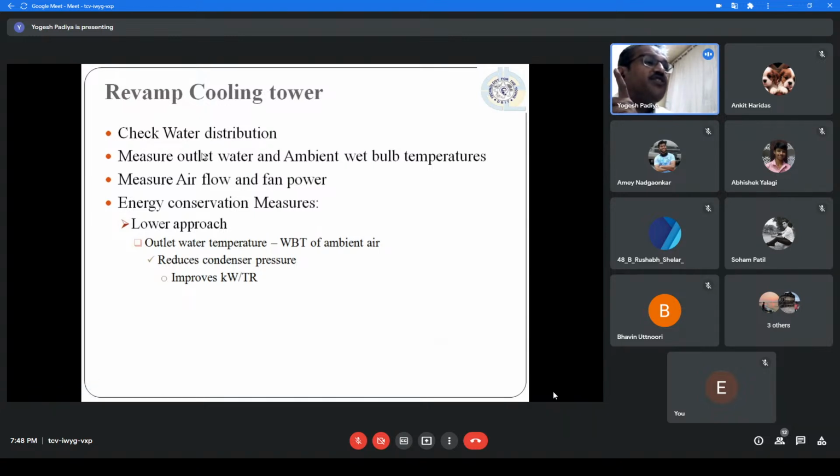So if you change or revamp the cooling tower and bring down the outlet temperature close to the WBT, then the compressor power consumption will reduce proportionally. Check the airflow rate at the outlet and the fan power. So, in short, the cooling tower shall have a lower approach. Approach means this minus this shall be less.